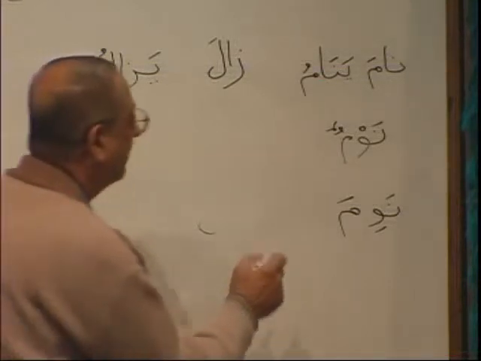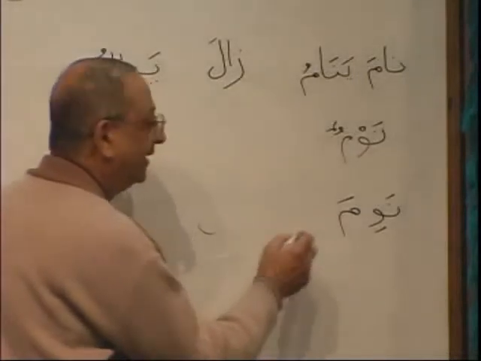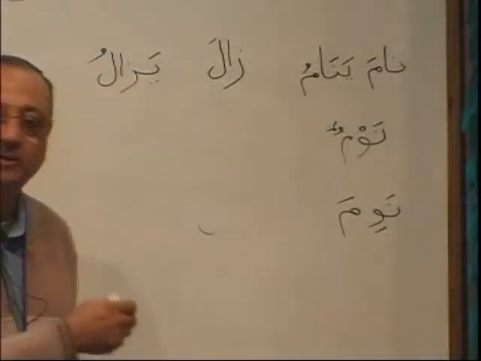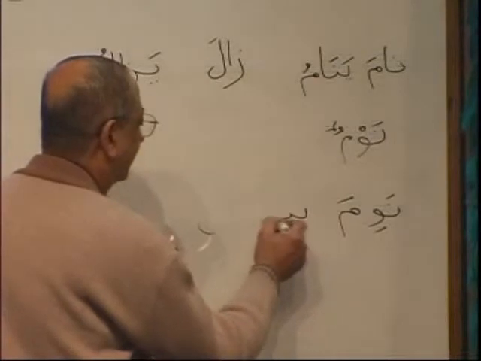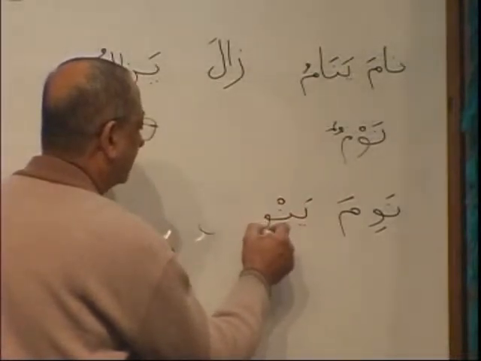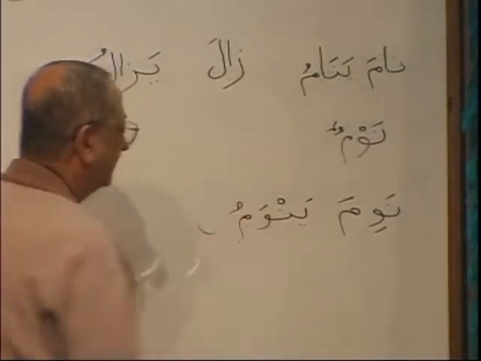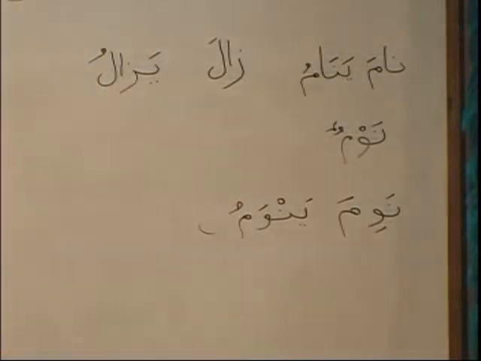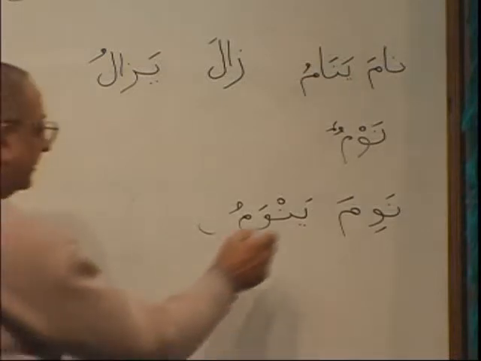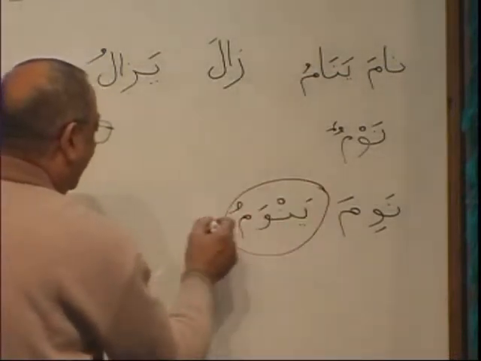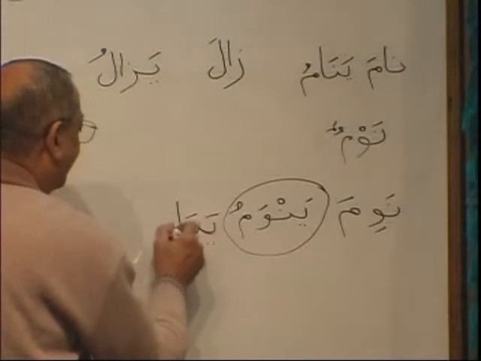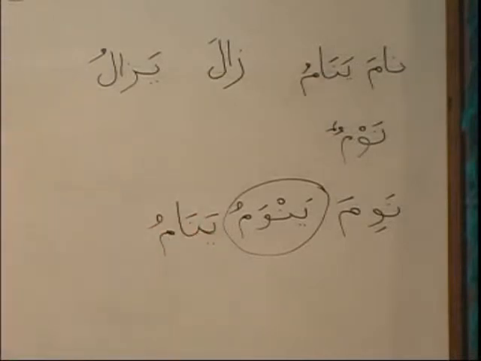So same thing is zala yazalu. Now, nima, brothers and sisters, if it is Bab Sami'a, make it into Bab Sami'a: yanwamu. Are you with me? If it is Bab Sami'a, it will be yanwamu. But instead of this, it became yanamu.